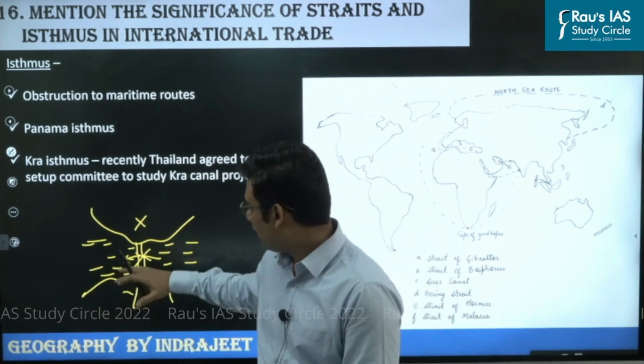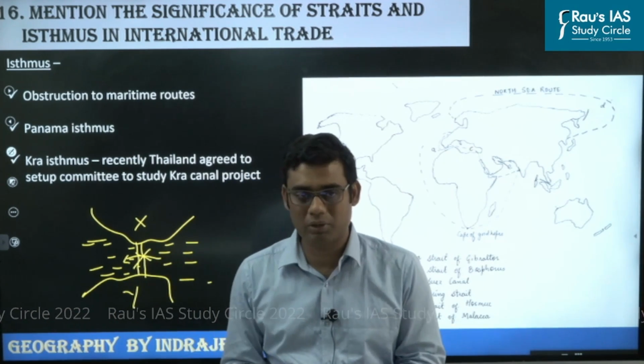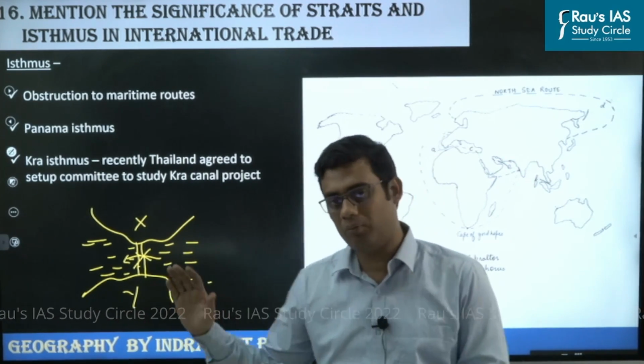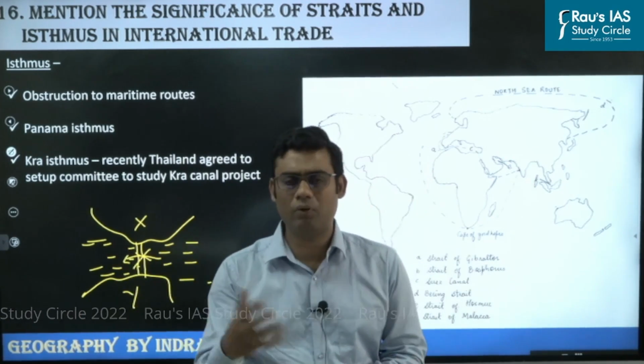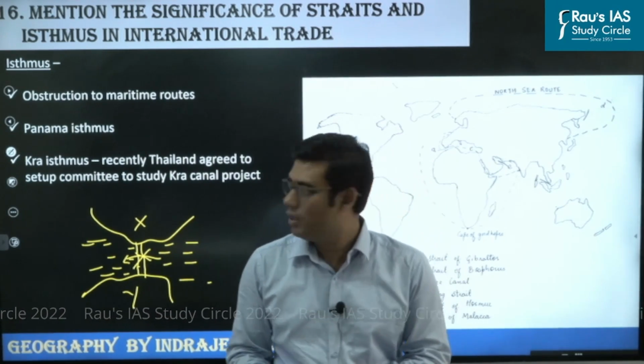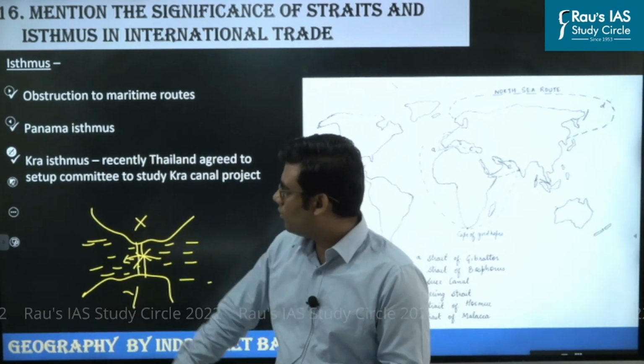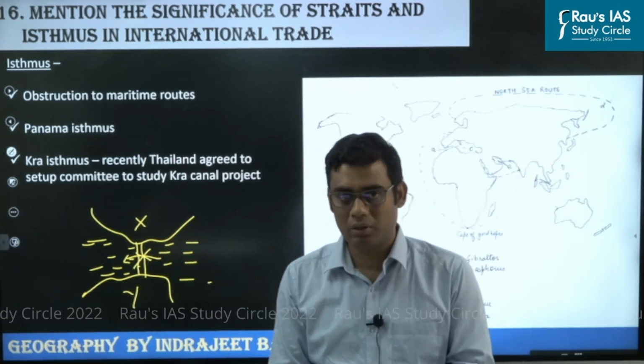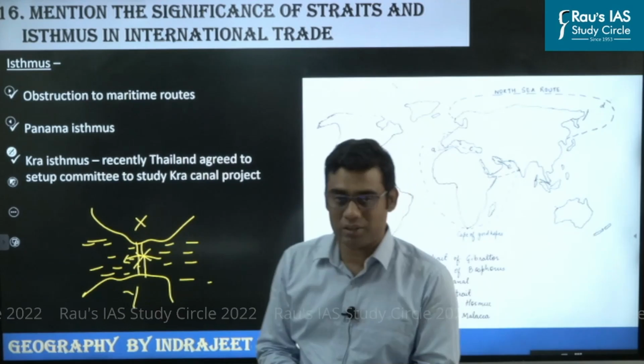But if a canal can be constructed across the isthmus, it will provide a very significant passage from one ocean to another ocean, or from one water body to another. So we will take up in our answer the examples of two very important isthmuses. The first one is the Panama Isthmus.